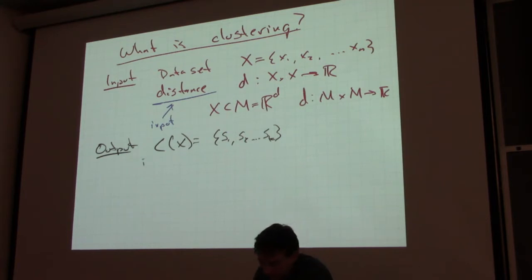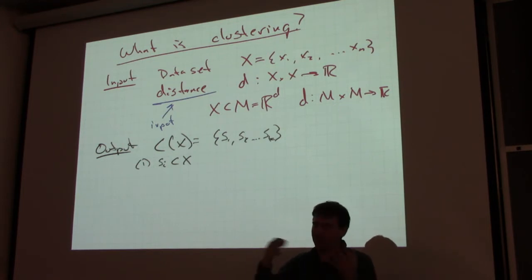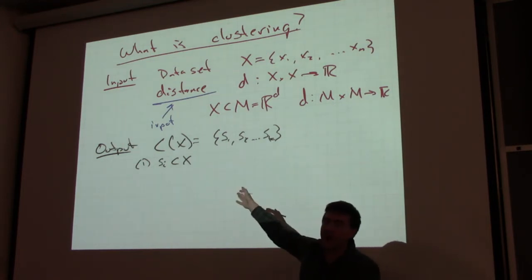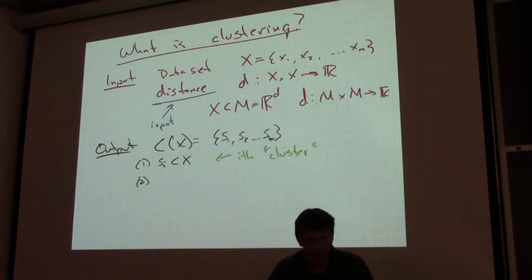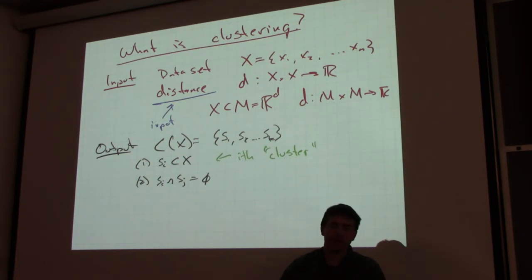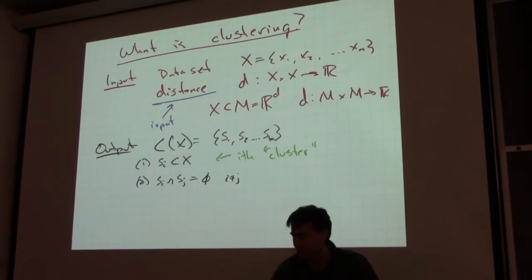So each Si is going to be a subset of X. It's a set of points, and this defines the ith cluster. Second, we're going to require, in general, that Si intersect Sj is equal to the empty set, for i not equal to j.